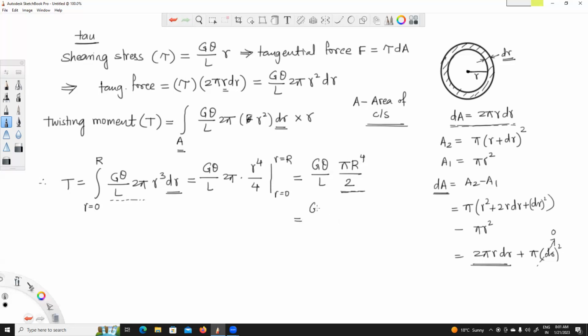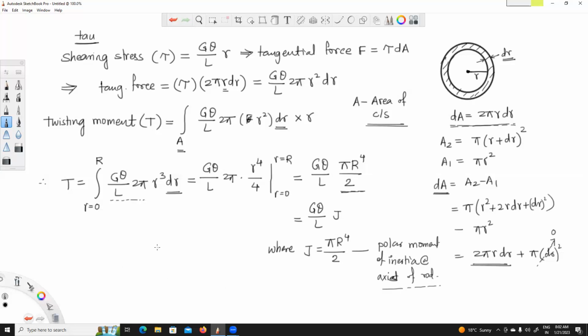Let me write this as J, where J is equal to pi R raised to 4 upon 2, called the polar moment of inertia about the axis of the cylindrical rod.